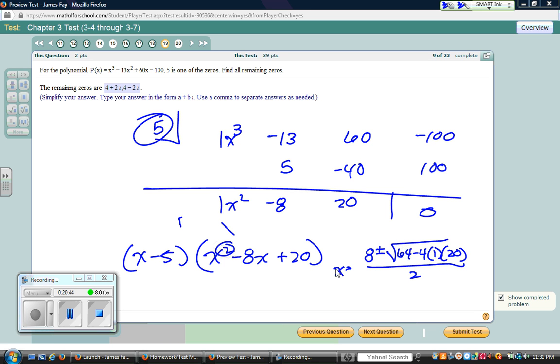That's going to give me my other zeros. 64 minus 80 is negative 16, so negative 16 is my discriminant. The square root of negative 16 ends up being 4i, all over 2. Cancel, cancel, cancel gives me 4 plus or minus 2i. And that's what you're seeing here: 4 plus 2i, 4 minus 2i. Those are my other two zeros.